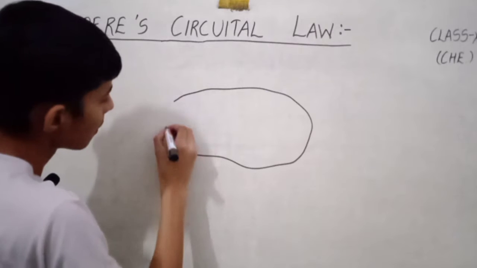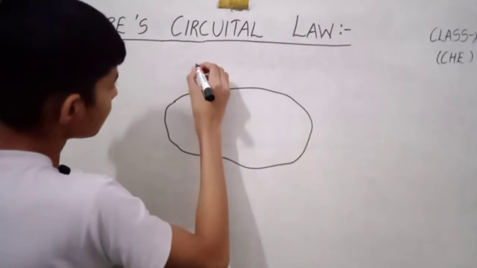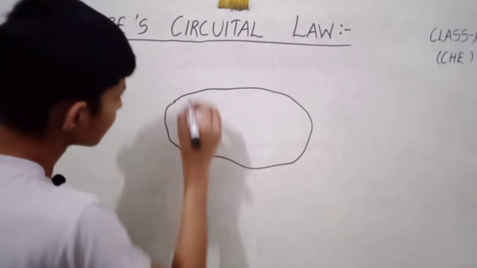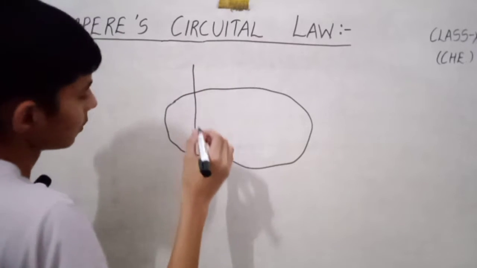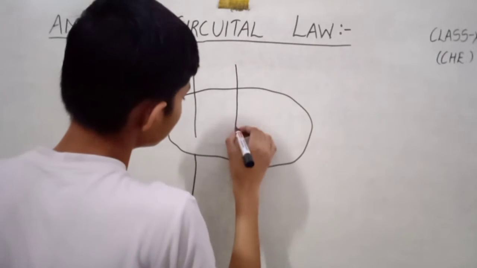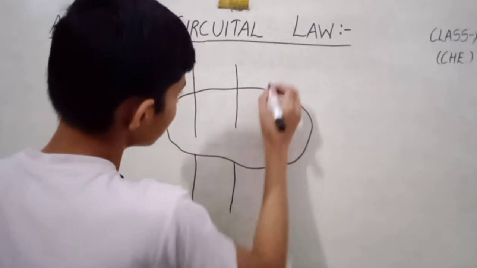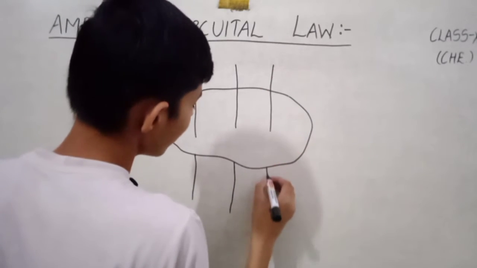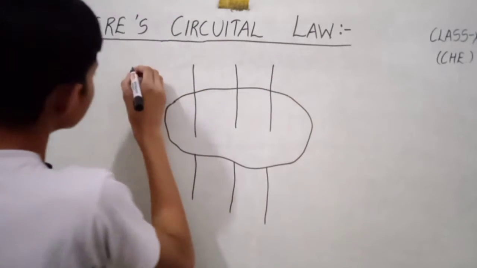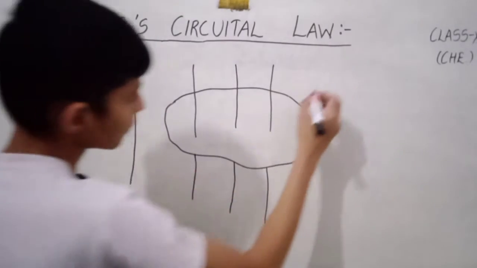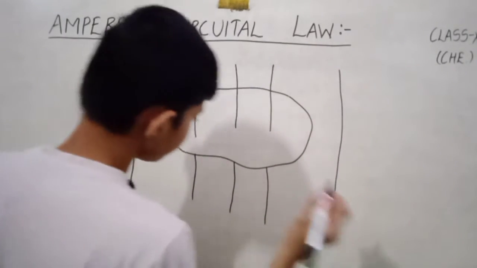This is the loop. This is the first wire, this is the second wire, and this is the third wire. This is the fourth wire, and this is the fifth.